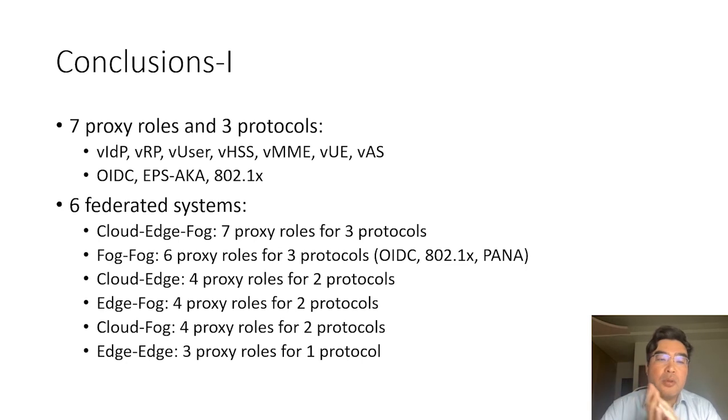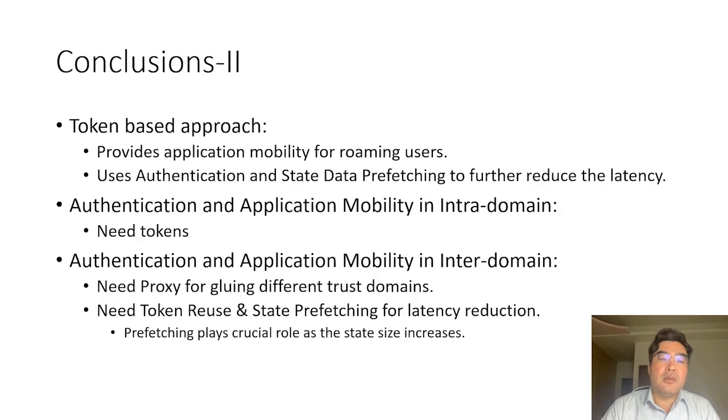There's another protocol, Penna, but it's only considered in the last scenario. And 6 federated systems. In fact, 6. Yes. Each has a certain proxy role played and supports multiple protocols.